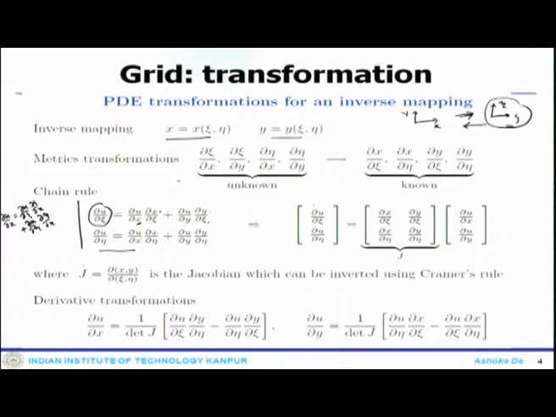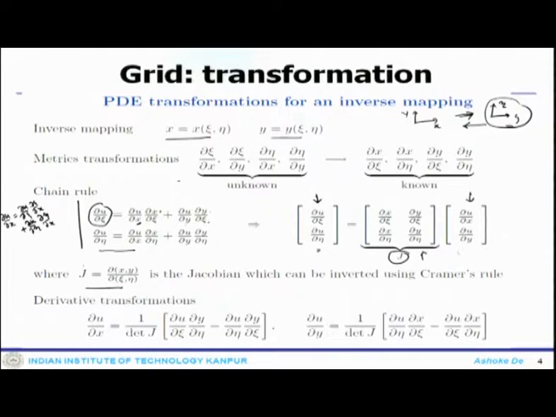Now, if you put them in a matrix, del u by del xi and del u by del eta, you get this. This is called the Jacobian of transformation. The Jacobian is nothing but the determinant of this particular matrix. If you look at this, this is the derivative in the transformed system and this is the derivative in my physical system, and you have a nice correlation through this Jacobian.